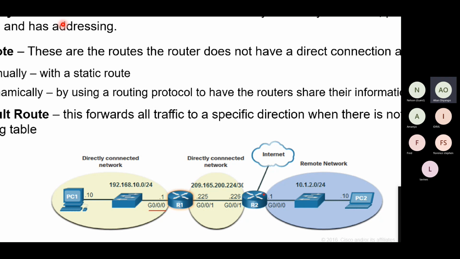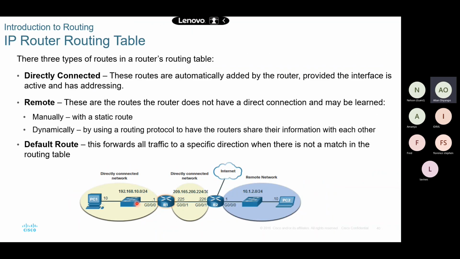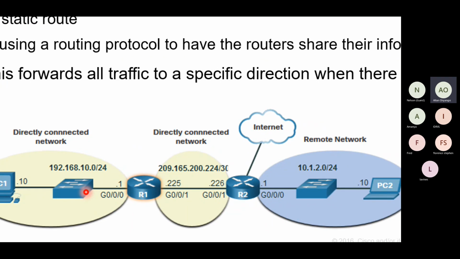You can see the network going to here, a network connected to here, and there's the network going to the internet. Those are 3 directly attached. So these are 3 directly connected networks of R2, but R1 has only 2. Now, look at this very keenly, friends.